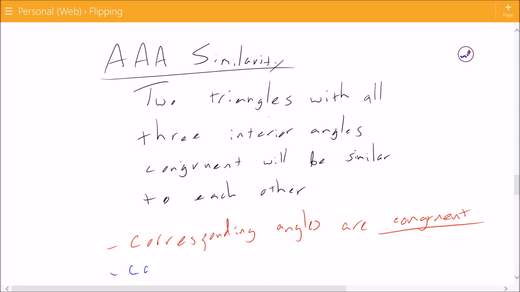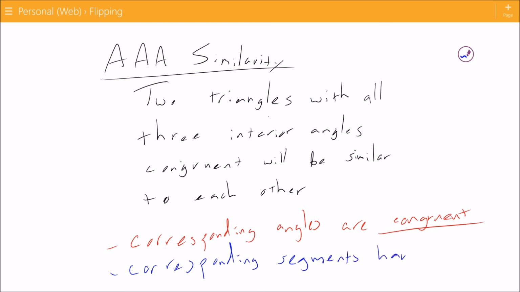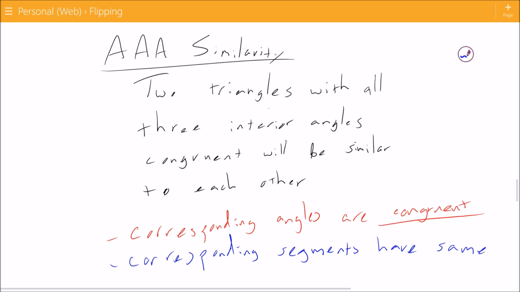and corresponding segments are not congruent, but they do have the same ratio to each other, or perhaps proportion might be a better way to say that.